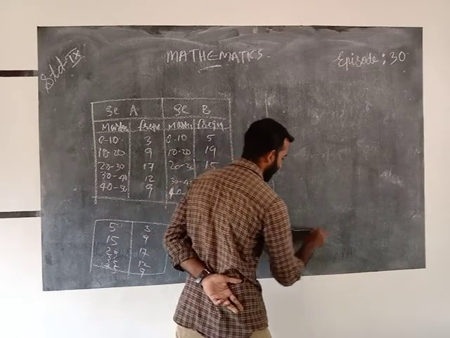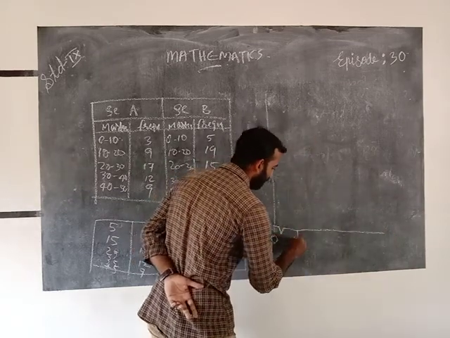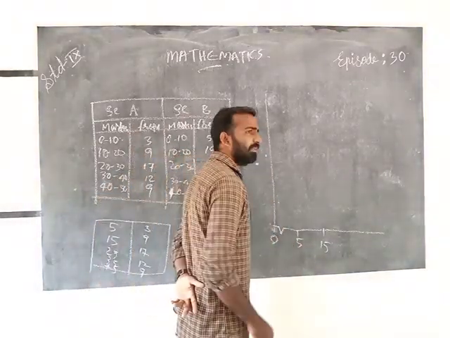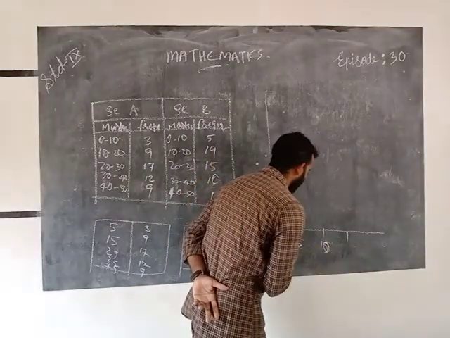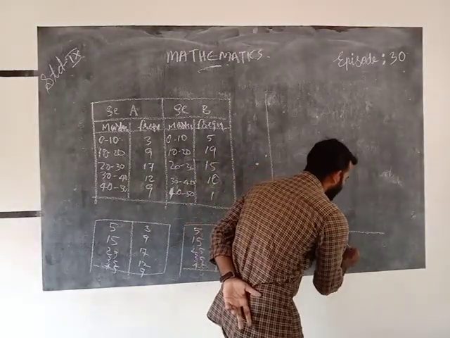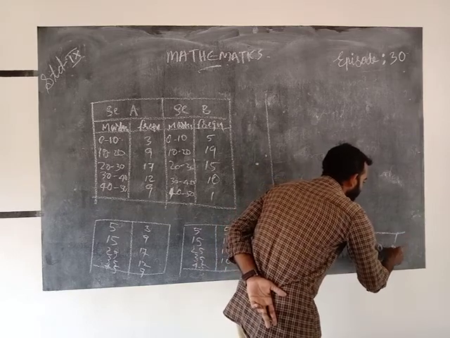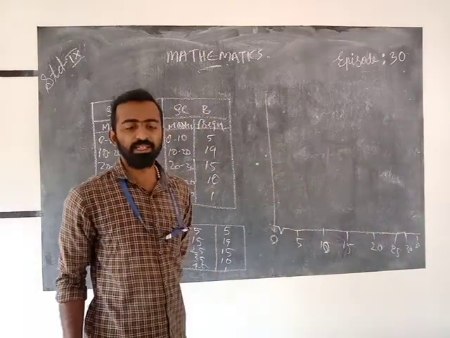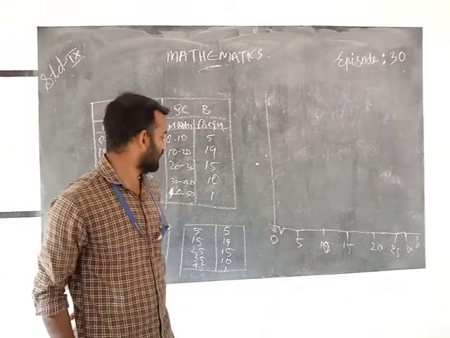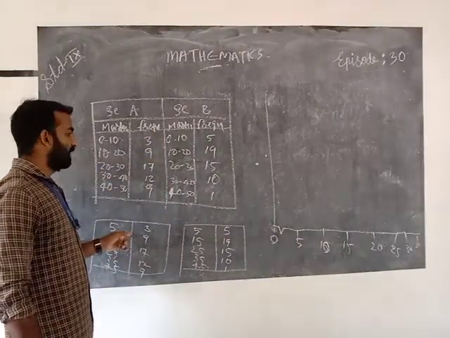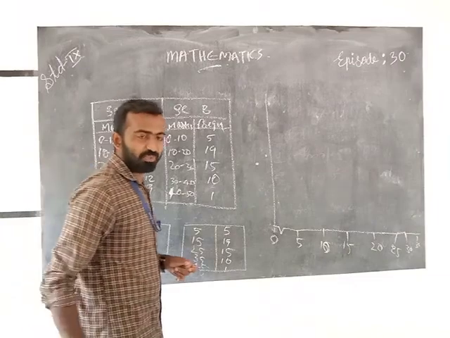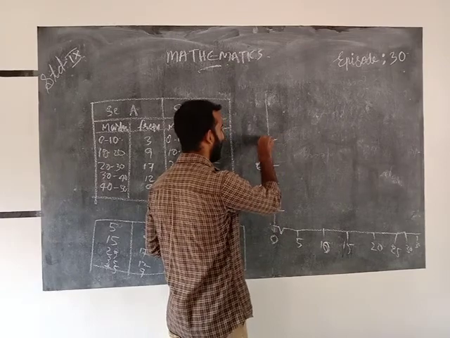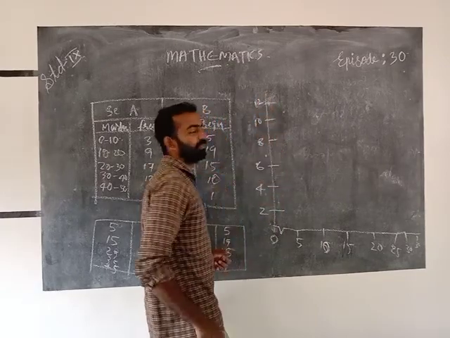On the graph, we take the width as 5, so the x-axis is marked 0, 5, 10, 15, 20, 25, 30, 35, and so on. On the y-axis we mark 2, 4, 6, 8, 10, 12 like this.